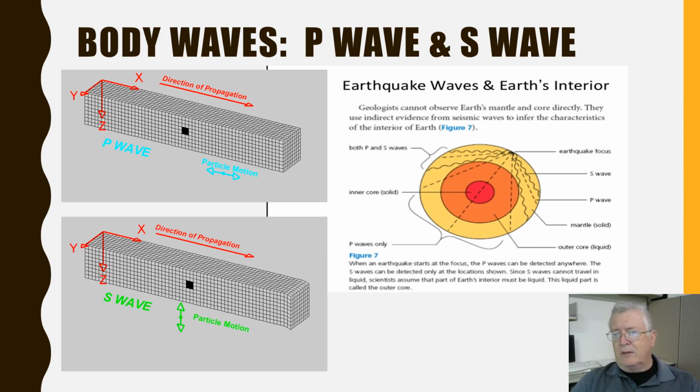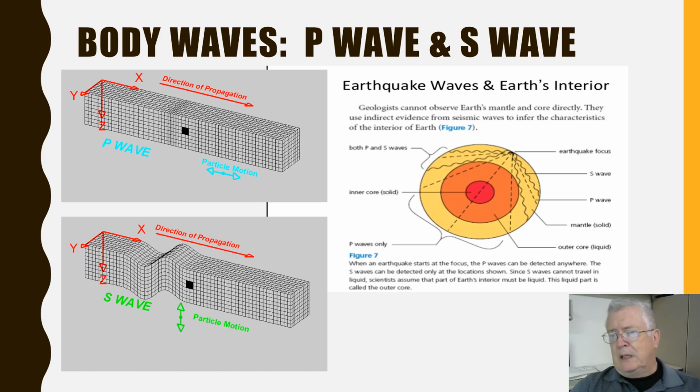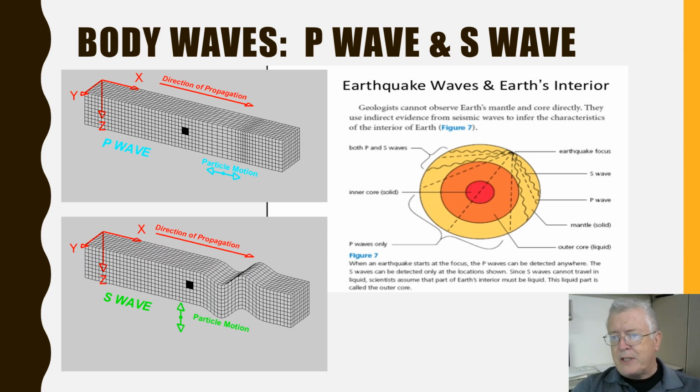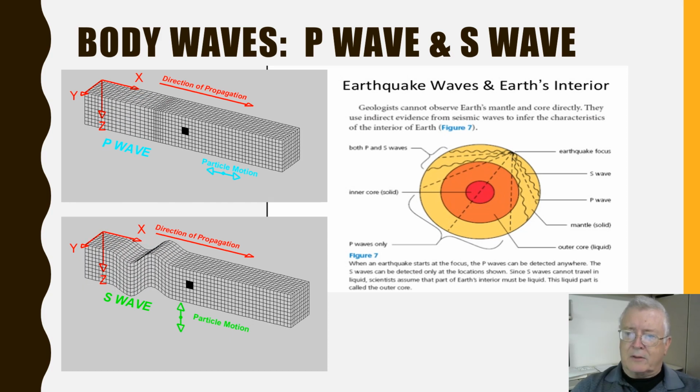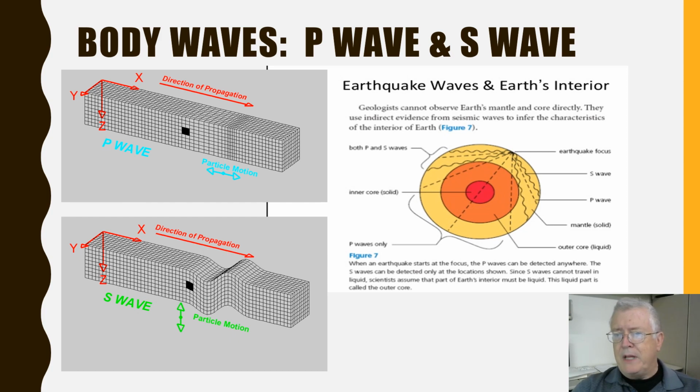Scientists can tell the pressure, the temperature, and other information about the outer core based on the refraction and the speed of these P waves as they travel through the outer core.